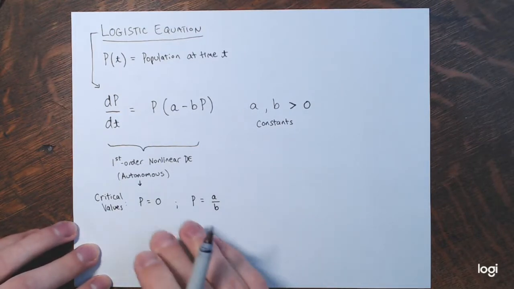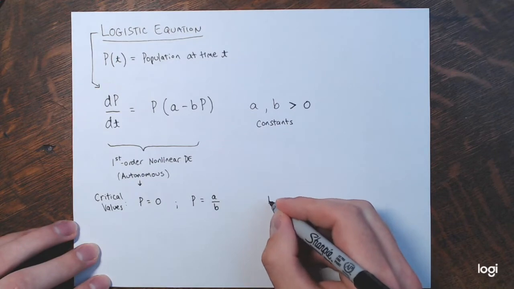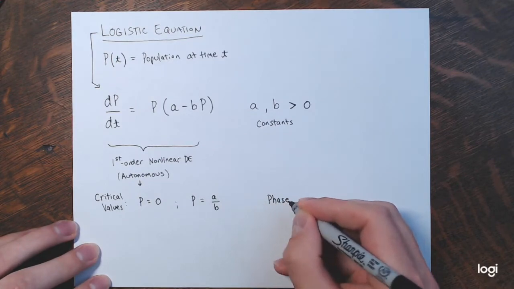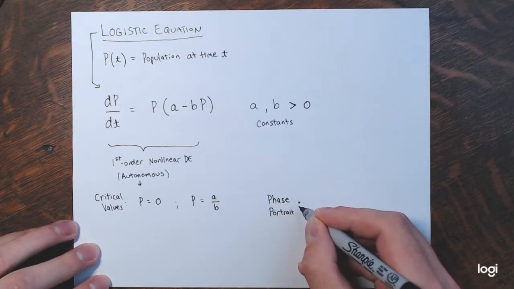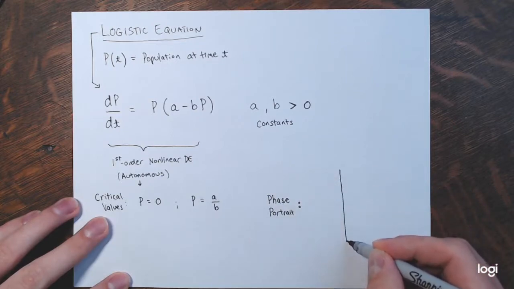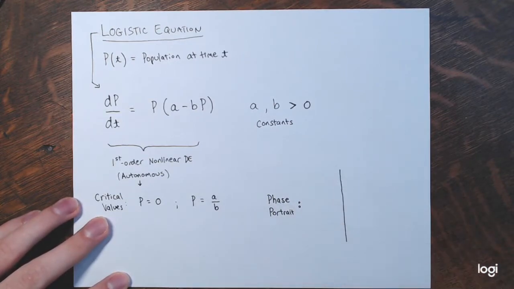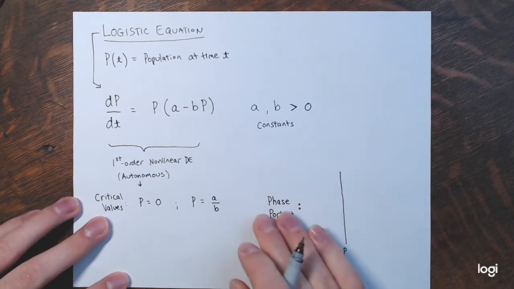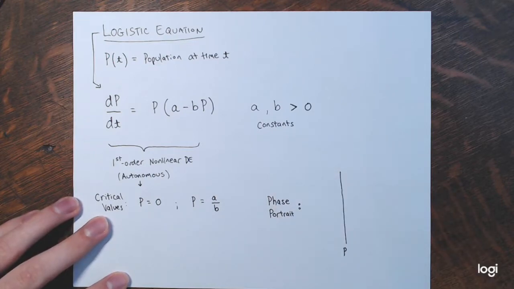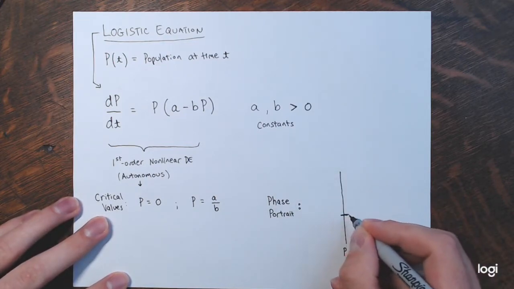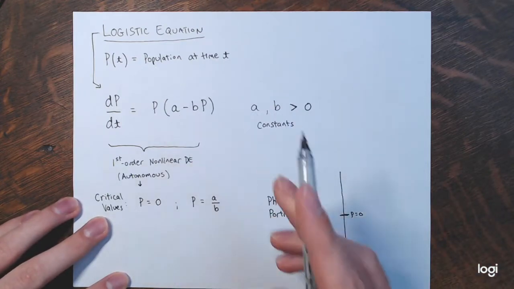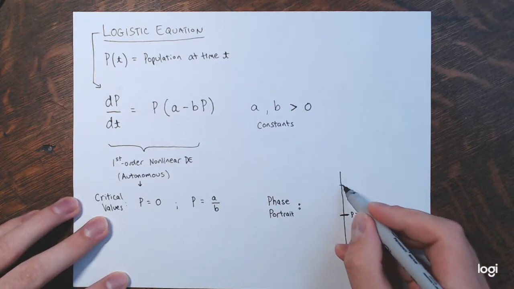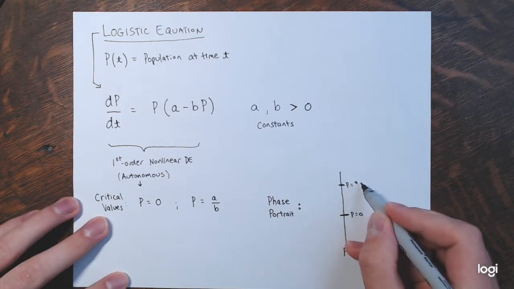Along with critical values, you have your phase portrait for this equation. This vertical line here will represent the P-axis, if I were making a horizontal axis t and vertical axis P. My critical values, these equilibrium solutions, are again P equals 0 and P equals A over B, assuming that A and B are positive constants, so A over B is also positive.